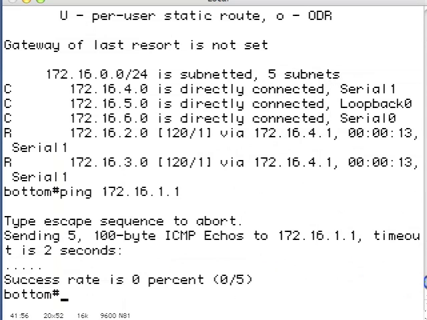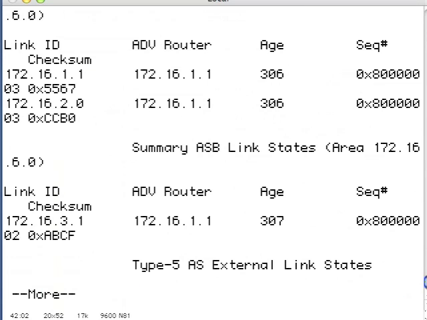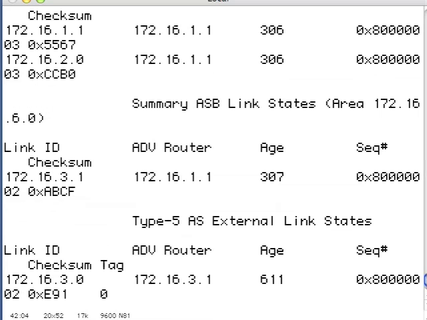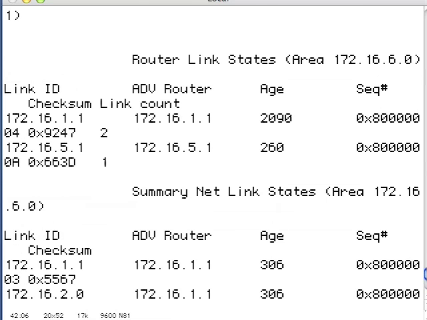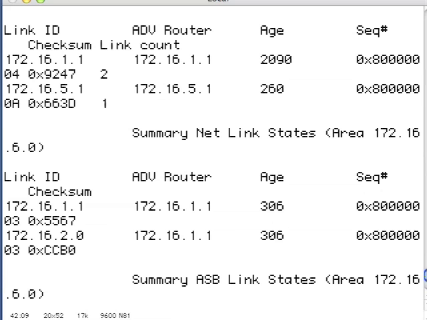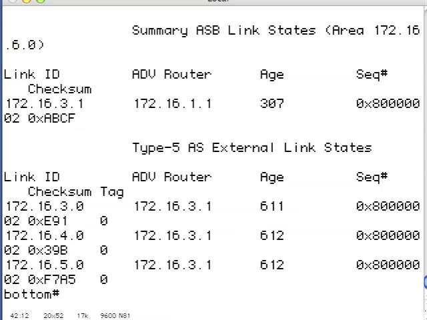So let's look at the OSPF database before I go and fix this. Show IP OSPF database. This is interesting, I still have all of my LSAs. I don't just throw away the LSAs because I lost my neighbor relationship.